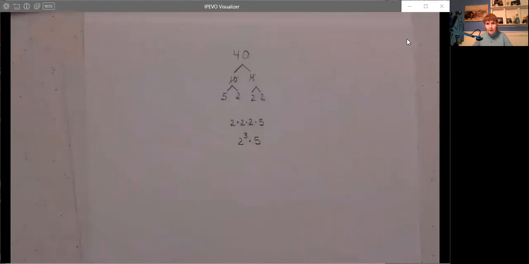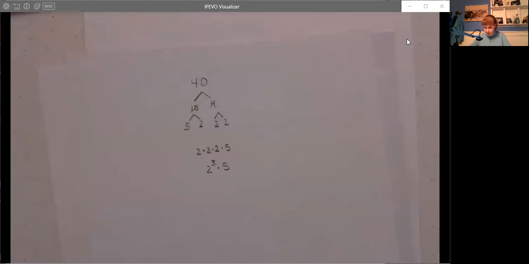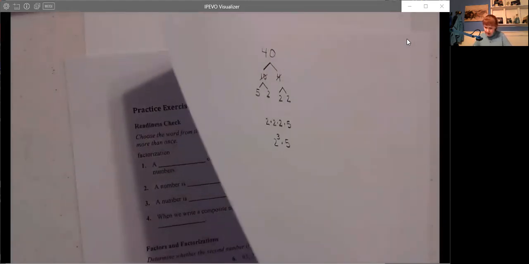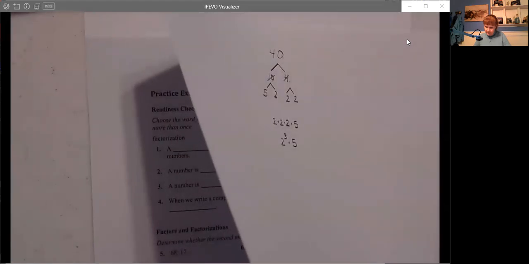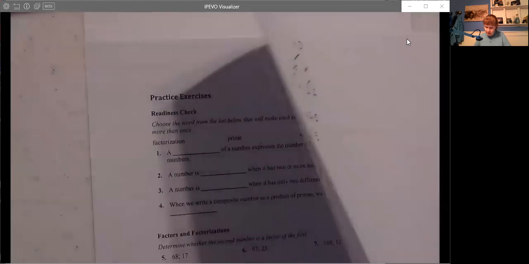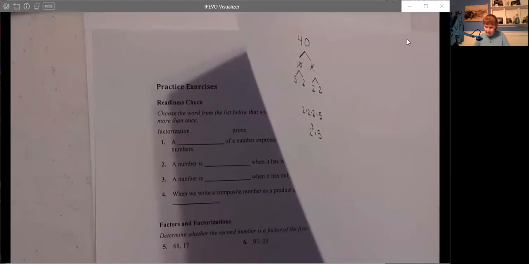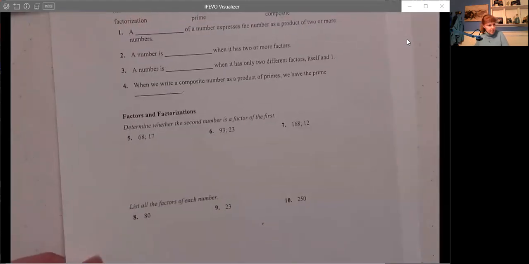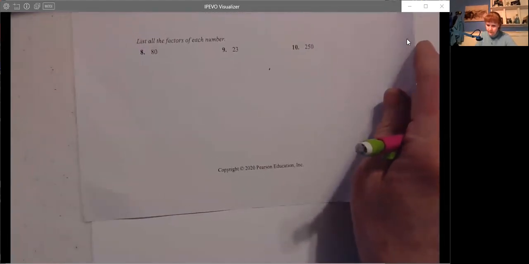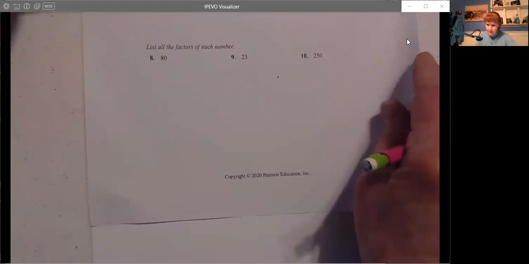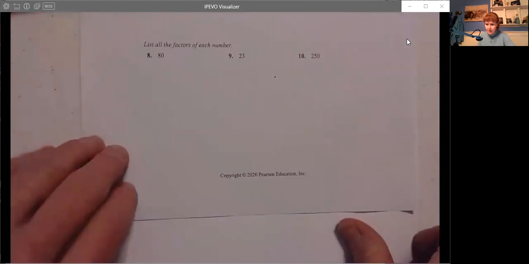All right, let's try another prime factorization. Let's look at some of these examples.